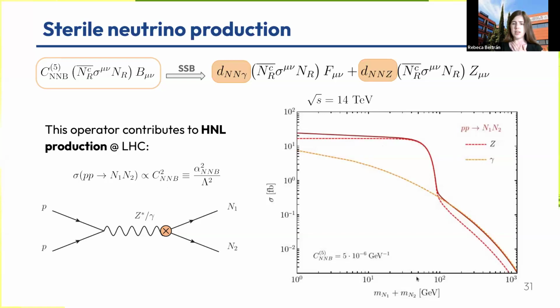Again, we are plotting against the sum of the sterile neutrino masses. And this solid line represents the sum of the two contributions. So we see that the Z channel dominates when the masses lie below the Z mass, but above that limit, then the photon exchange dominates the production.